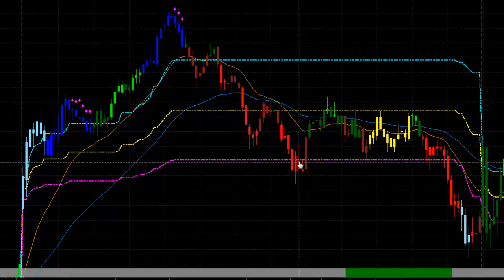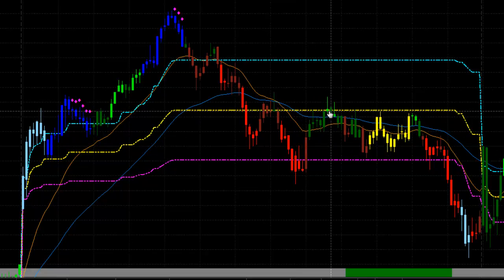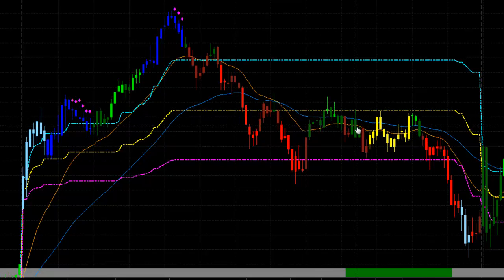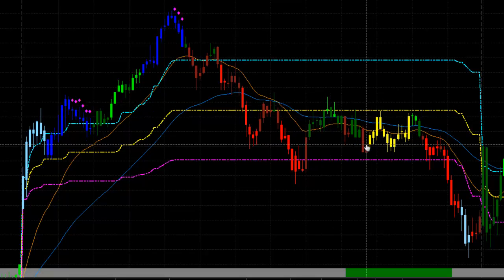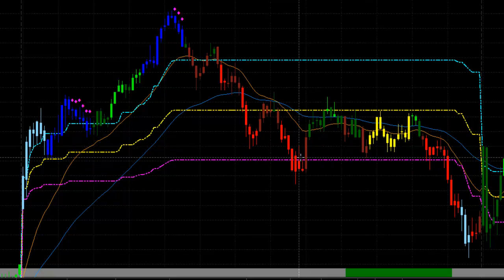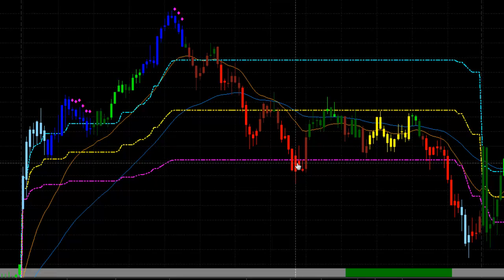So aggressive players may say, oh, I'm going to buy here on the acceptance of this as support. But what I'd rather see is price come back up and see what it does at resistance. Here, it really didn't show a lot of strength, and we're getting towards the end of the day, but I would rather buy on the pullback after this first move higher, when it shows that it's going to accept this lower level as being real support to make for a trade higher.